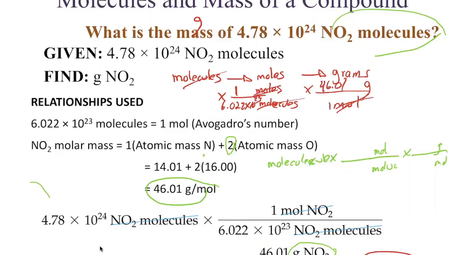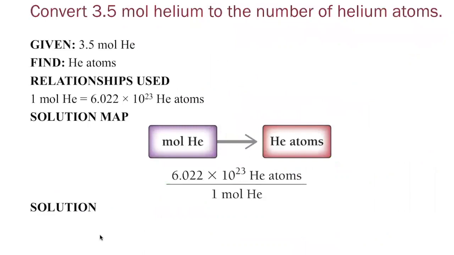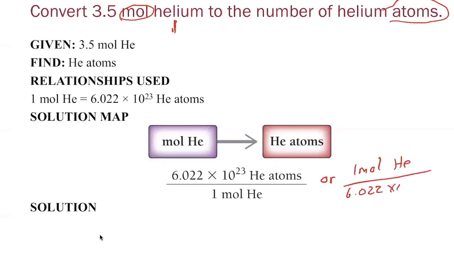Notice that it has three significant figures because originally they gave you three significant figures. Here is another question where we are going from moles to atoms. And what am I giving you? I'm giving you helium atoms. So there is a direct relationship. You can either use this, or 1 mole of helium equals 6.022 times 10 to the 23.